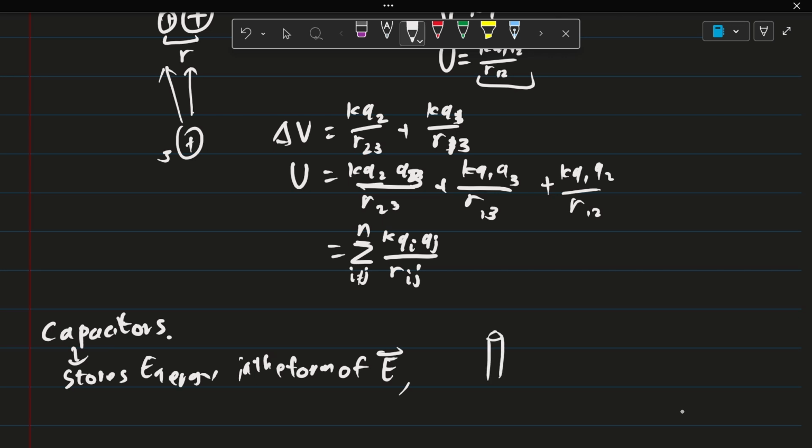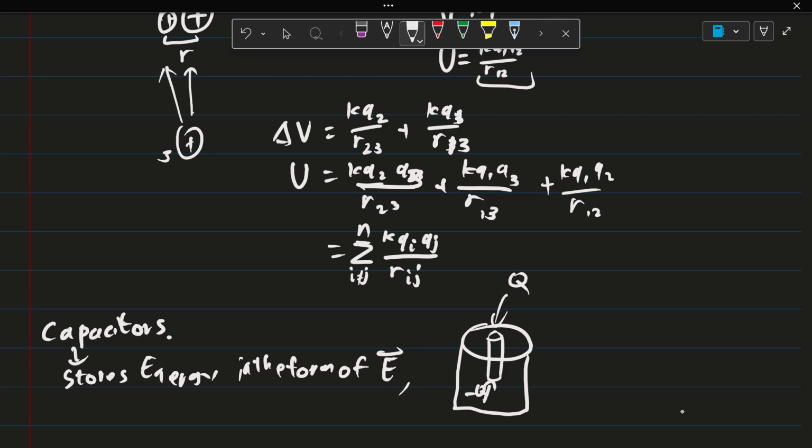Let's say the conductors are cylinders, and they each have the same charge. So that's Q, and then this one is negative Q, let's say. So this whole capacitor should be neutral. But each of the conductors has the same magnitude but different signs of charge. One of them is positive, the other one is negative.